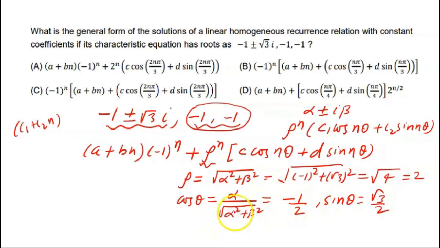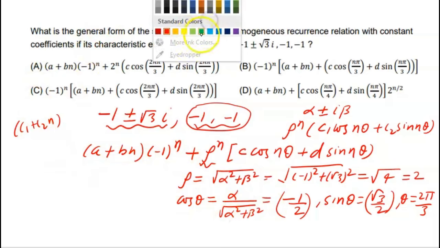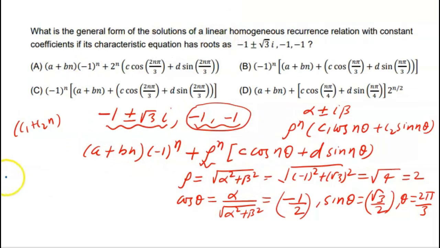So what is theta basically? If cos theta is -1 by 2 and sin theta is root 3 by 2, then theta will actually be 2 pi by 3, 120 degrees. How to get that? I hope you have studied earlier, right? So this solution now I am writing, let me use a different color so that you don't get confused. So a plus bn, -1 to the power n, plus, what is rho?